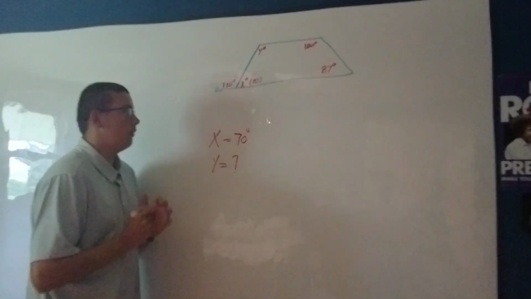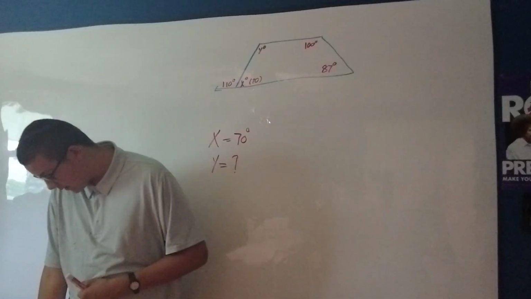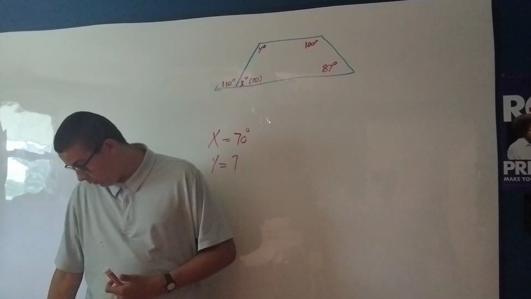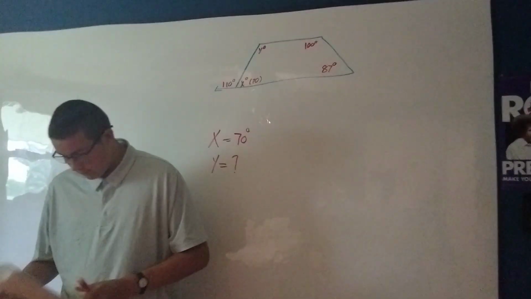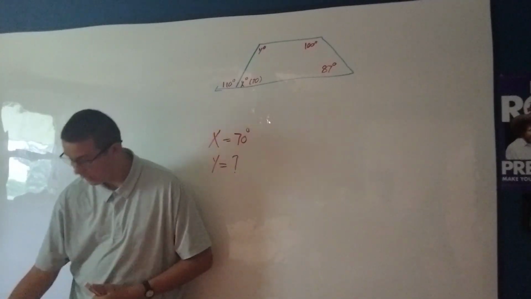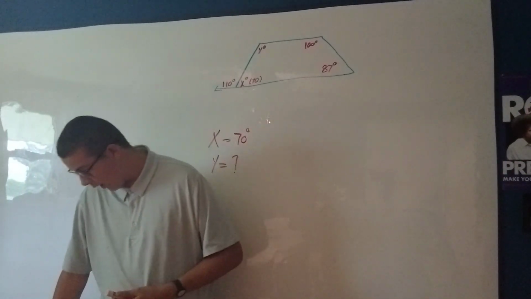So now we just have to solve for y. And what we can do here is take the total interior angles, right? We can take the interior angles and then just subtract the y.